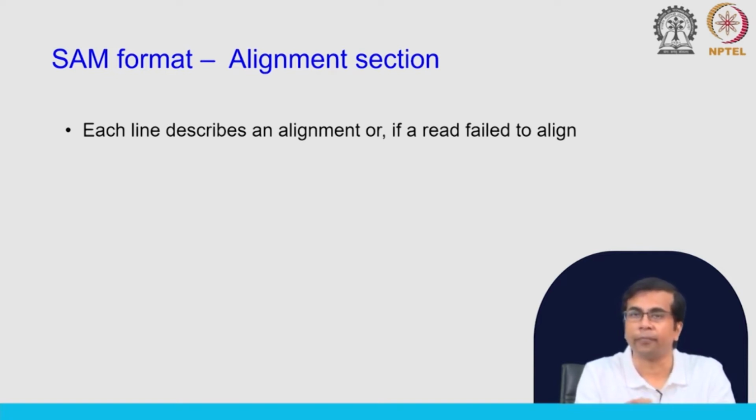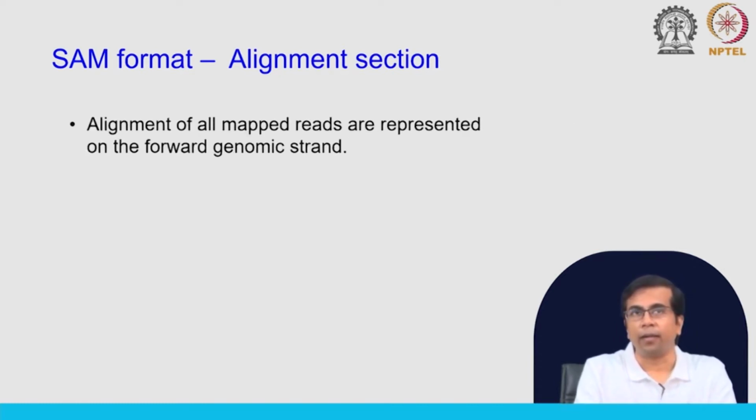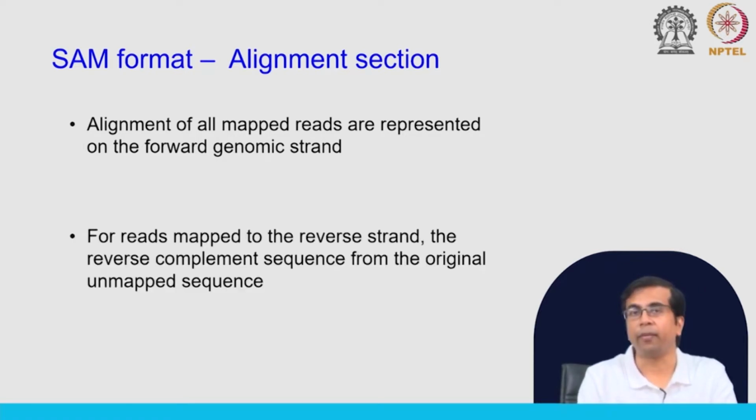One thing we should remember is that alignments of all mapped reads are represented on the forward genomic strand. This is by convention, and if you have reads that map to the reverse strand, they will be provided reverse complemented in this alignment section. When you are interpreting the data, you should keep that in mind.